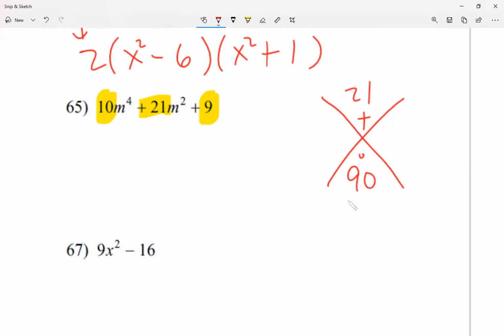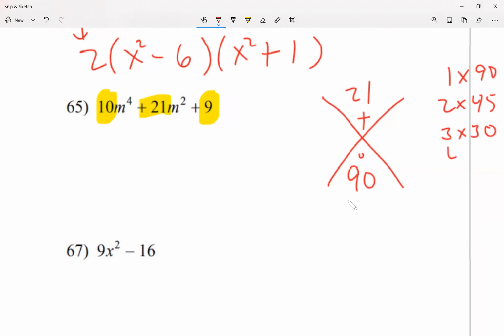Now, you cannot think right away, oh, which numbers are those? Think of the multiplications of 90, the factors of 90, which are 1 times 90, 2 times 45, 3 times 30. Notice how my list on the left, I keep on increasing by 1.